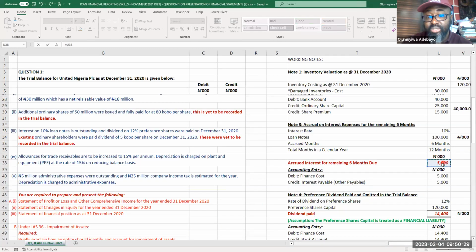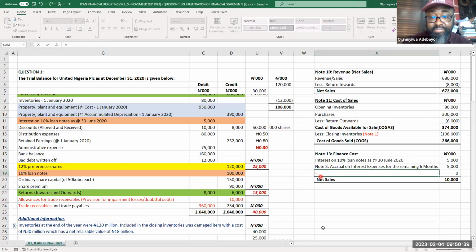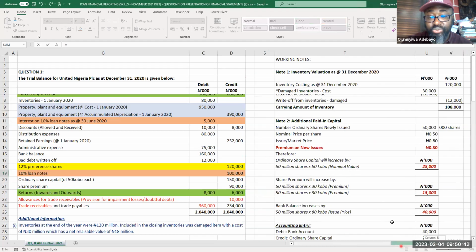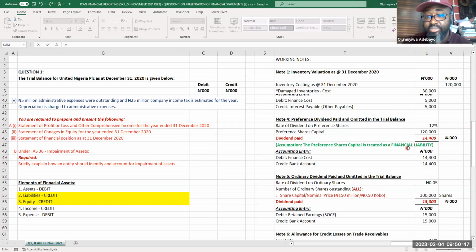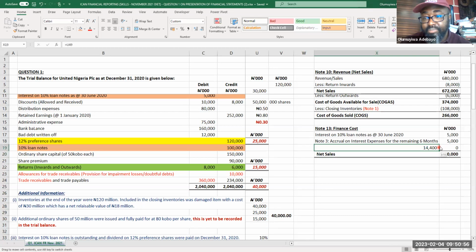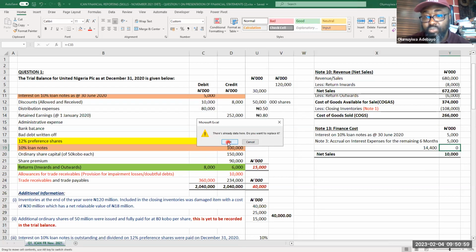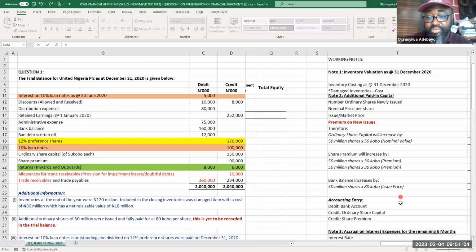There's additional 6 months. Okay. When you add the 2 6 months, it gives us 10. But don't forget, we also have preference dividend, which I spoke about the other time. Since preference share capital is treated as financial liability, therefore, the dividend is treated as finance cost 14. At the end of the day, our finance cost will be 24,400.